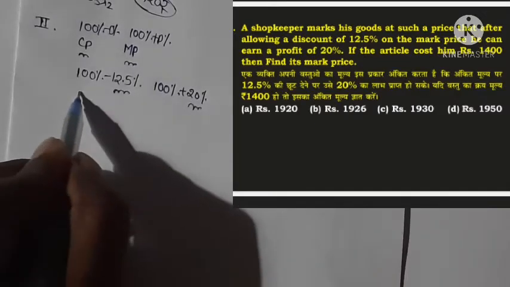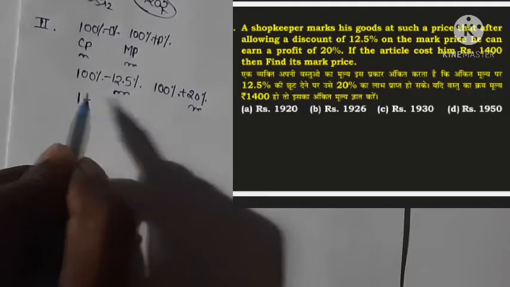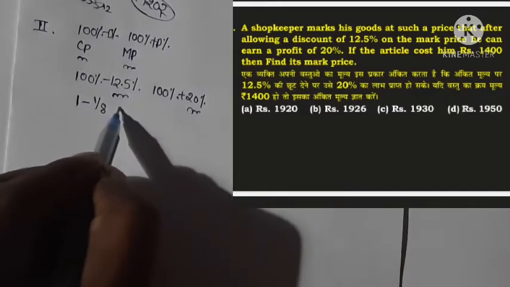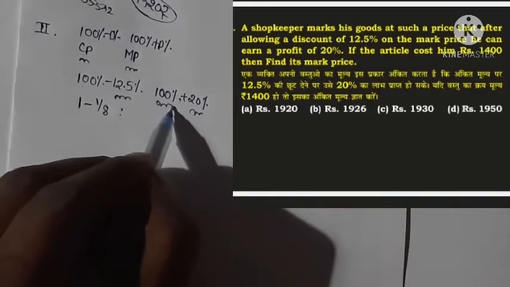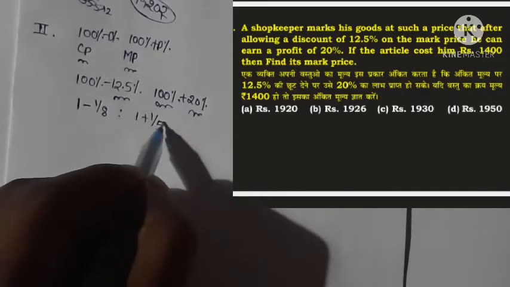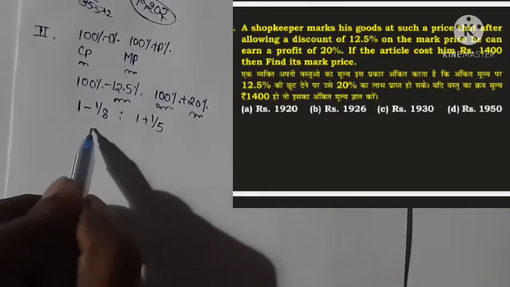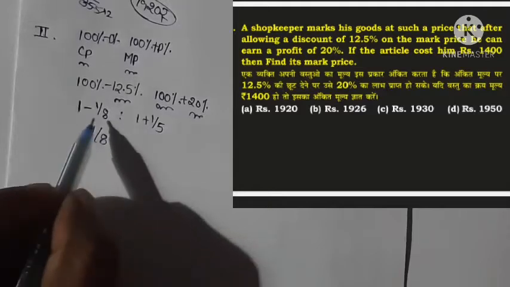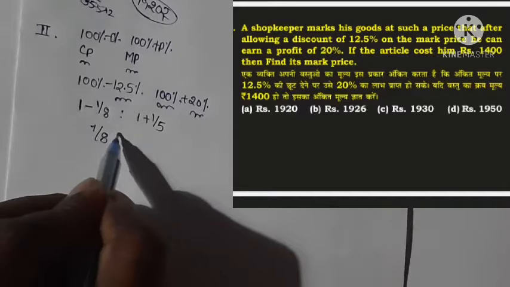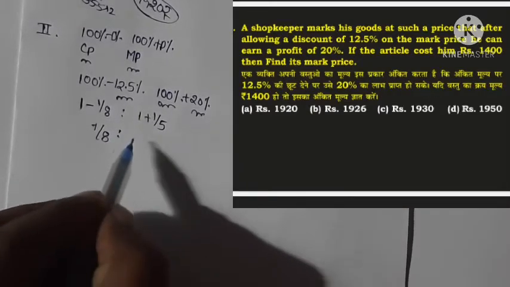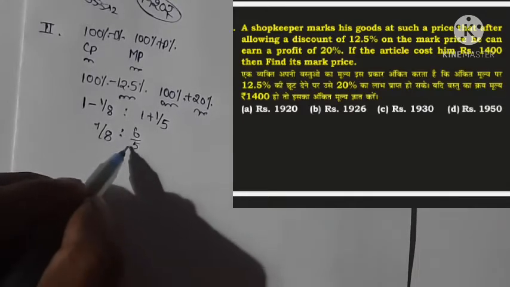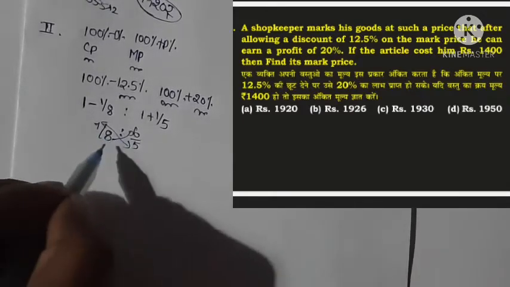So the cost, 100% is 1 minus 12.5%, which is 1 by 8, is to the market price, 100% is 1, plus 20%, which is 1 by 5. This value is 7 by 8, is to 6 by 5. So cross multiply these two values.